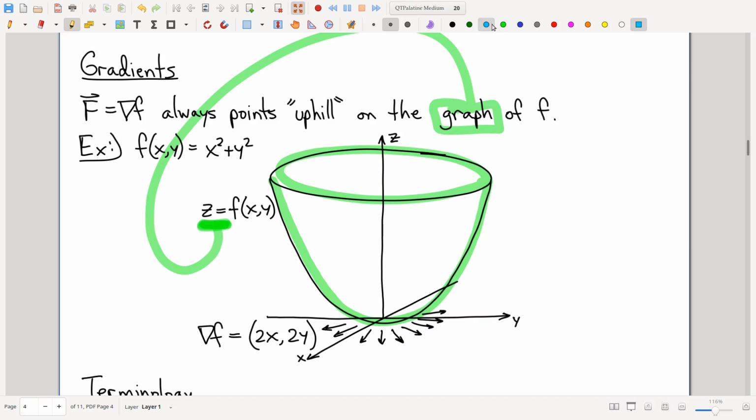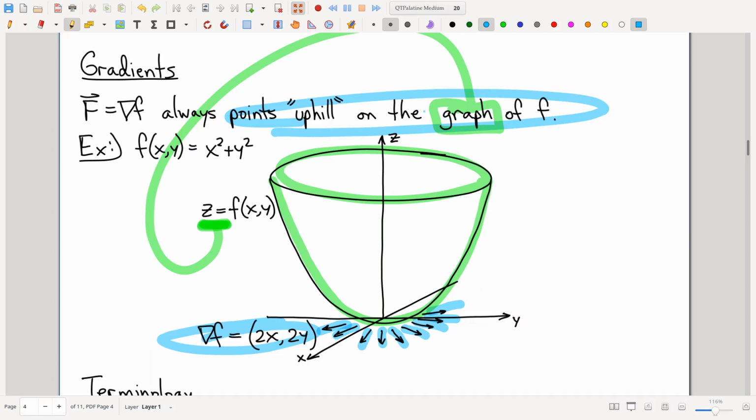Here's the gradient formula. The gradient vector field, which you can see is sort of radial outward, like so. And check it out, as it should be, it points uphill everywhere in the domain. So, just innocent observation.